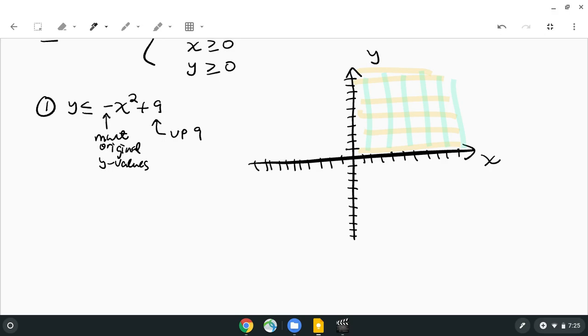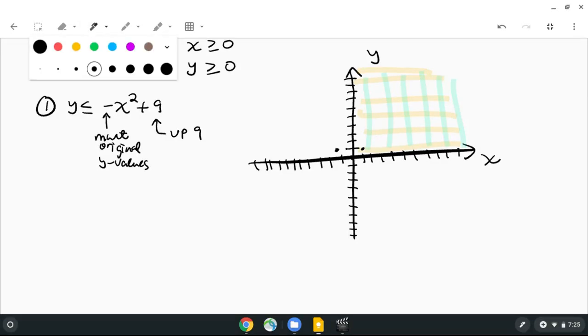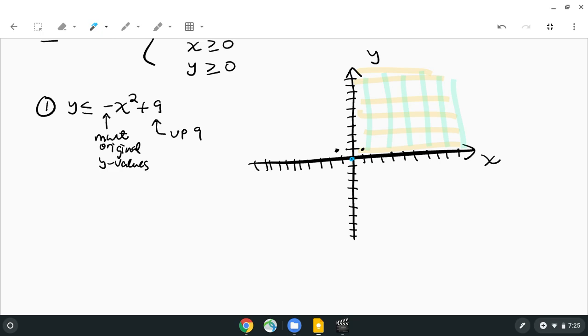If you remember, the original parabola has these 3 points, right? Those 3 points. But then multiply them by -1, and now we have this one, this one.